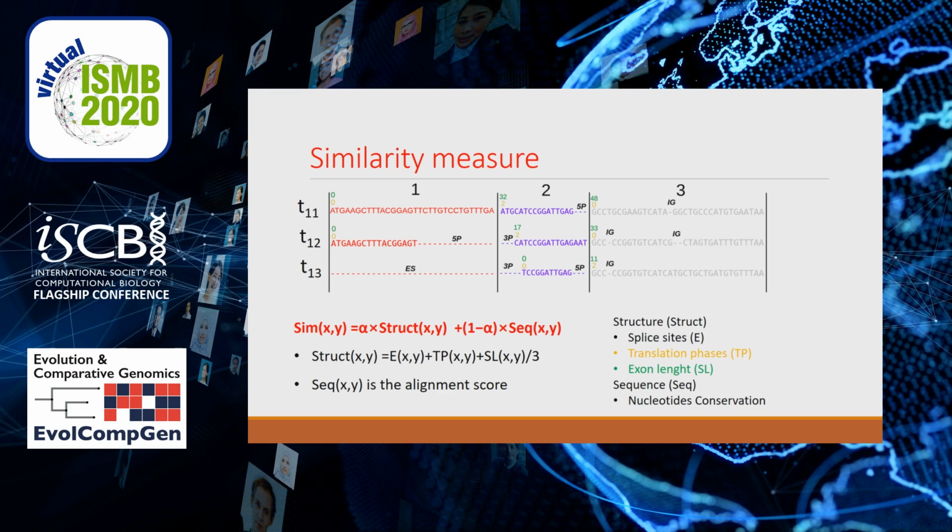Our similarity measure SIM is the sum of the structural similarity and the sequence similarity. The structural similarity is composed of splice site, translation phase, and exon length, and the sequence similarity is an alignment score.